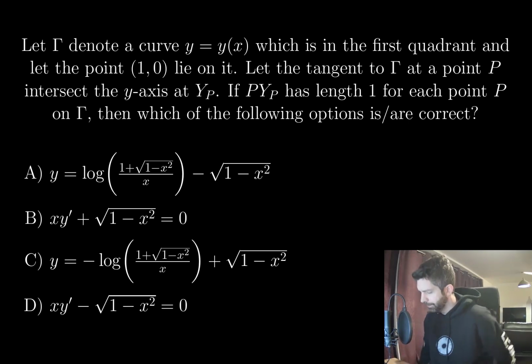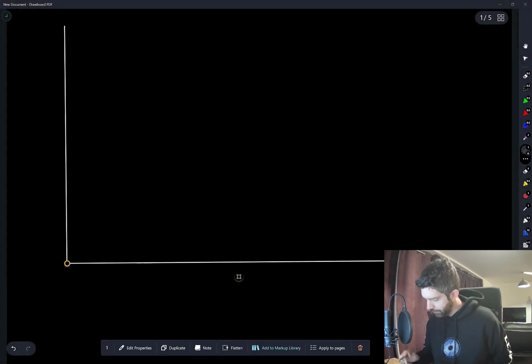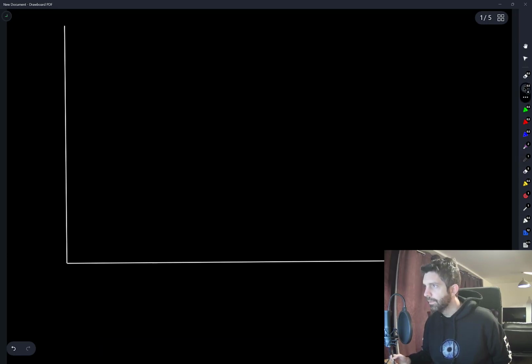Okay, so let me make sense of the statement that we're given here, or the description of this curve. So we have some curve in the quadrant. The point 1, 0 is on this curve. The curve is specified to be a function of x, so it doesn't loop back on itself. I'm going to assume at least it's not a multi-valued function.